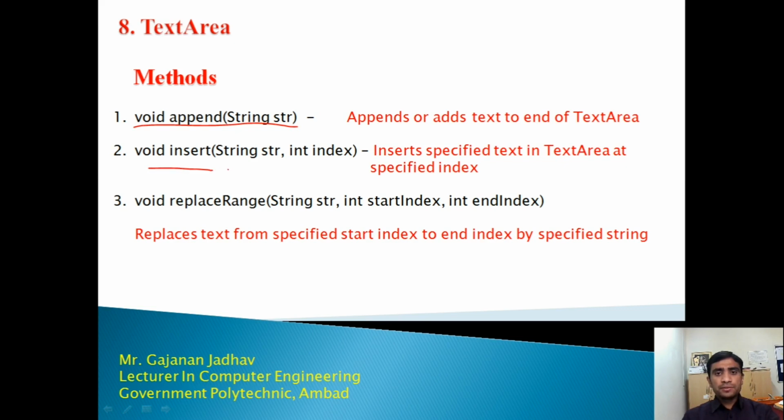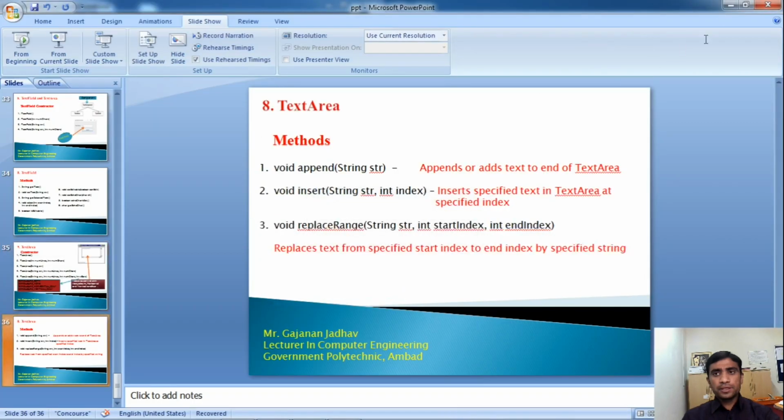Insert method will insert specified text in text area at the specified index position. Third method is replaceRange. Now replaceRange is a method. This method will replace the specified text, specified string from specified start index to end index of the text area. Now these are the theoretical part of the text area.